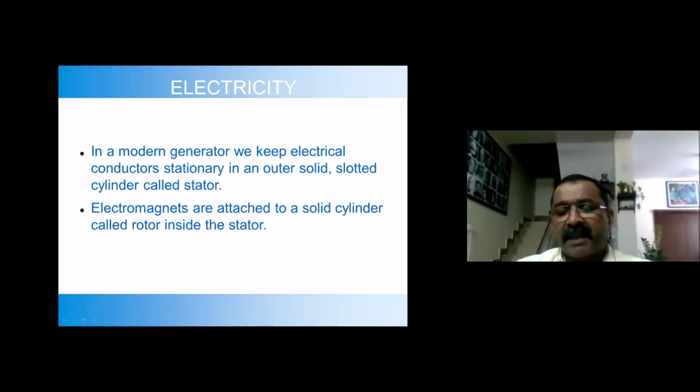Faraday's principle says that if you make a relative motion between a magnet, or a magnetic field, and an electrical conductor, okay?